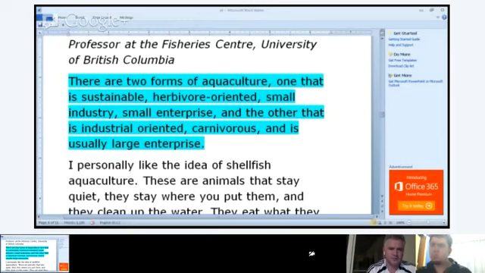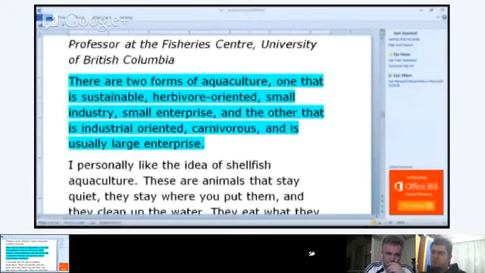One type is a sustainable form, producing herbivore-oriented aquaculture foods, in small businesses. Yes, good. And the other type is the carnivorous aquaculture form. That's right.